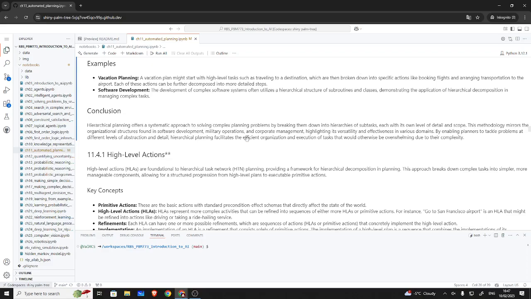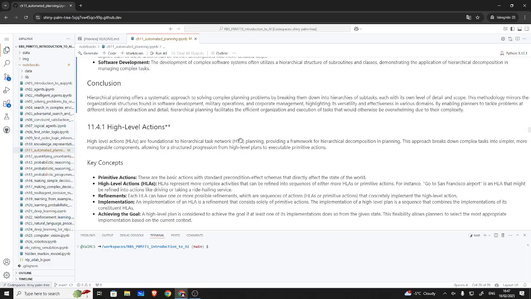You start with some primitives, and you have these more complex high-level actions. For example, go to San Francisco Airport is obviously a high-level action, too complex as is. So you need to say, okay, what's driving, ride-hailing, how do you do it, and then there are refinements and implementations, and then you achieve the goal.